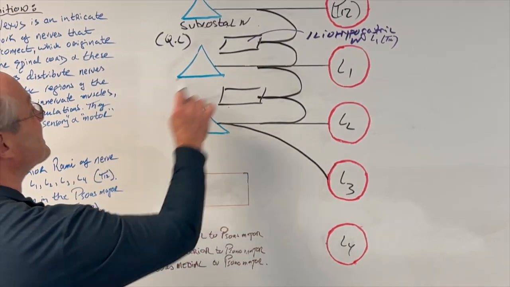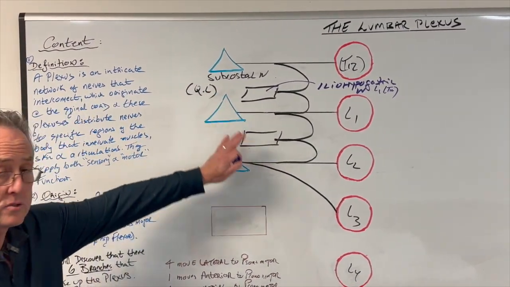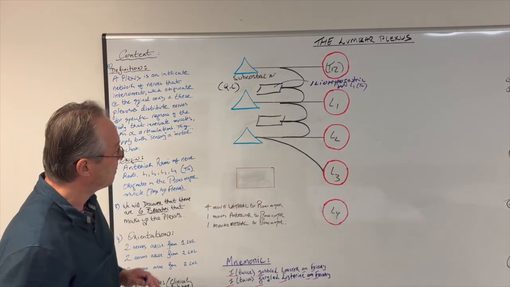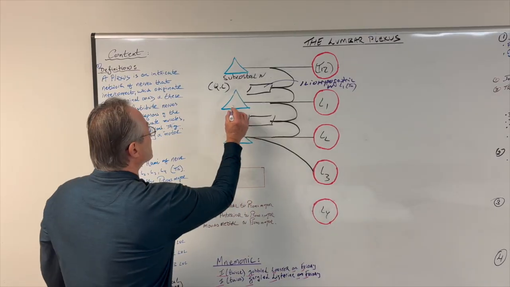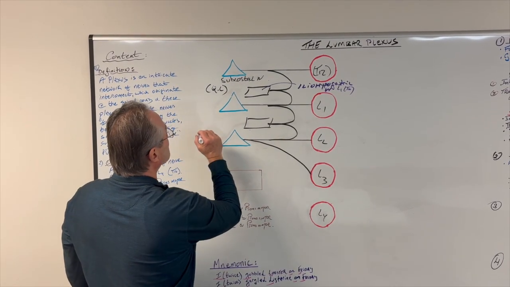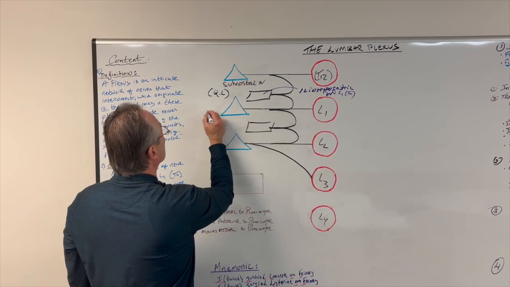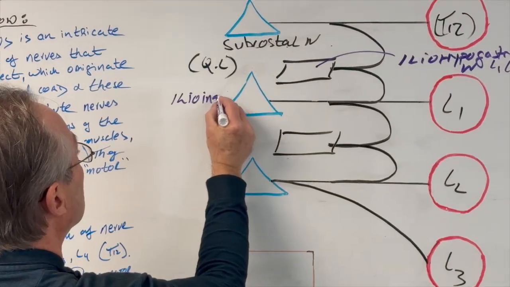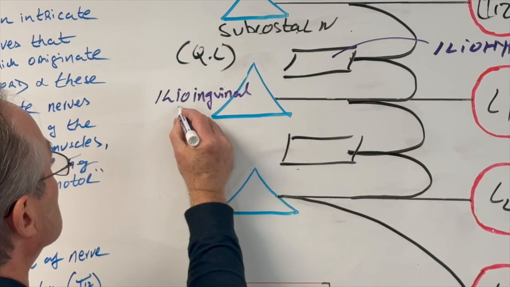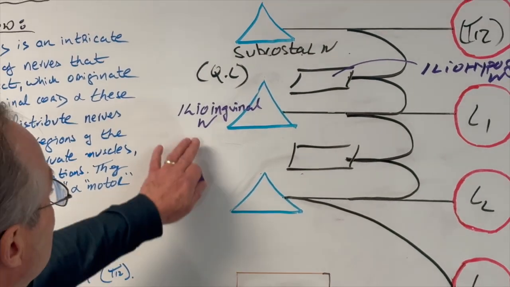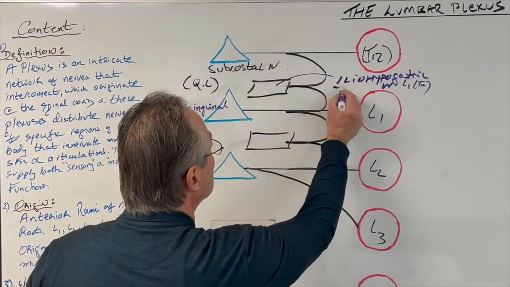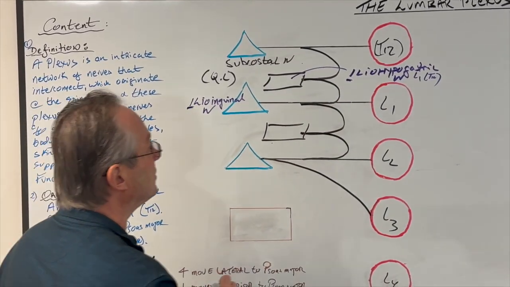What's the second eye? And we will talk about these nerves individually a little bit later in the tutorial. Okay? The second one is going to be your ilioinguinal nerve. Ilioinguinal nerve. So that's your two eyes, iliohypogastric, ilioinguinal.